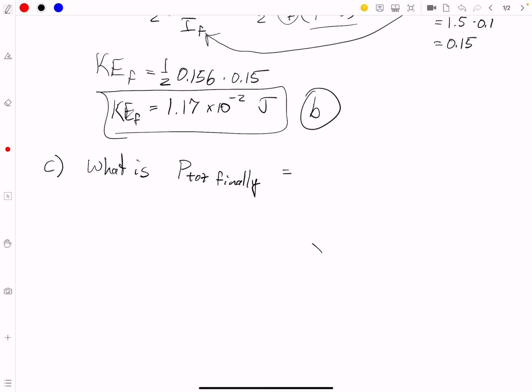So we're going to say that is P final. How do we go about getting P final? Well, V equals R omega. And if we stick a final on those, that'll be wonderful.